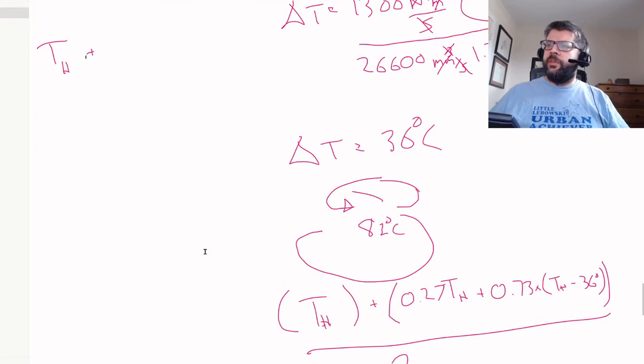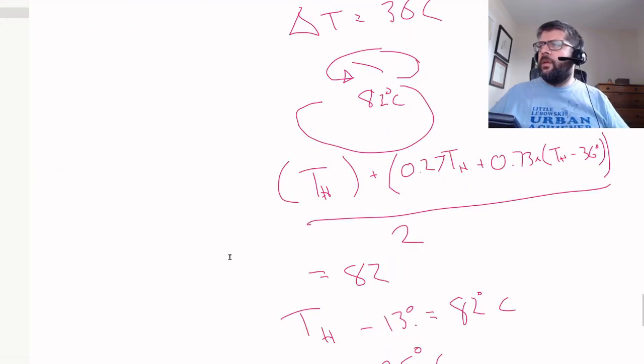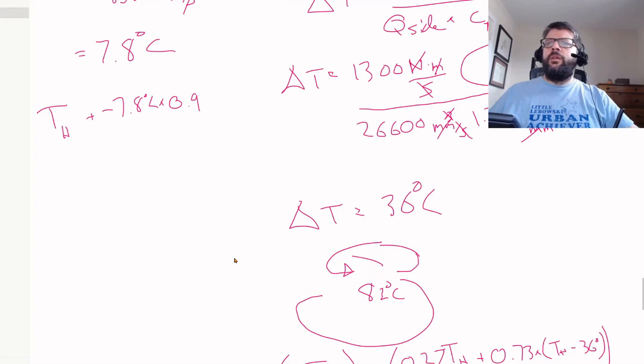I believe the side flow ratio is 0.9, so TH plus a negative 7.8 degrees Celsius times 0.9 is equal to 82 degrees Celsius.